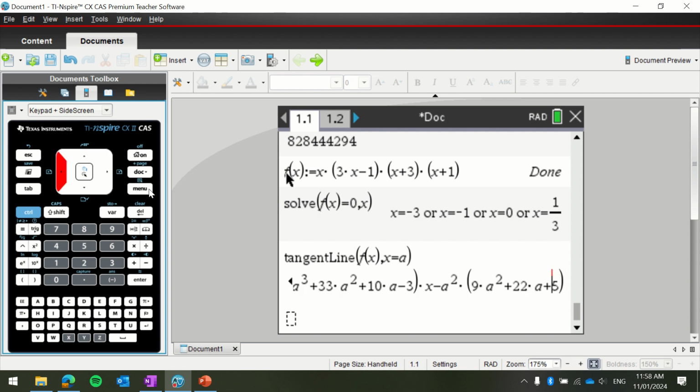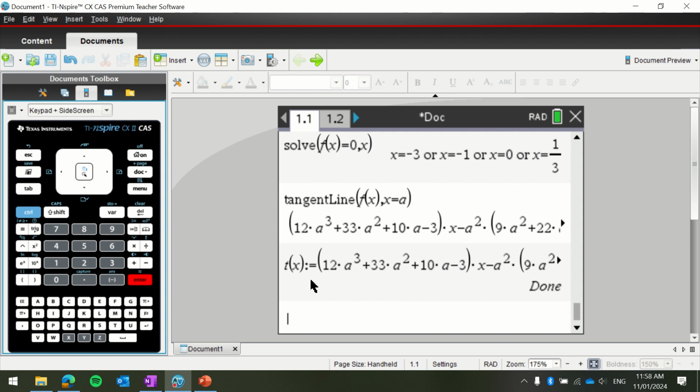Here's the equation of the tangent: something times x minus some constant, and the constant is in terms of a. So if I change the a value, I get a different tangent equation. So my tangent function is defined. It's a straight line, with a power of 1, and the constants are given in terms of a.